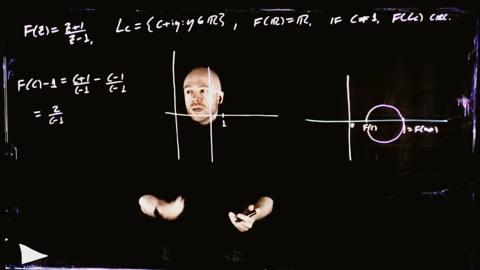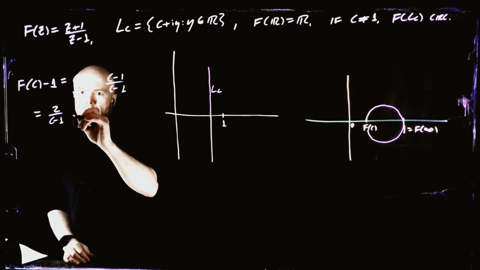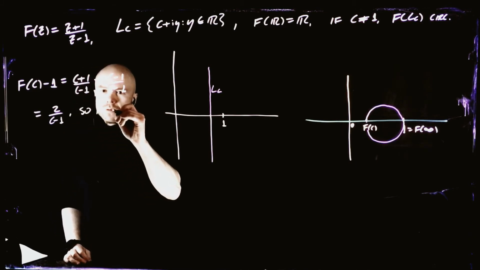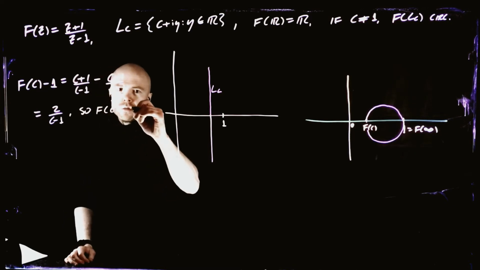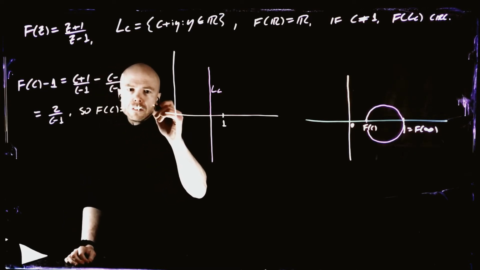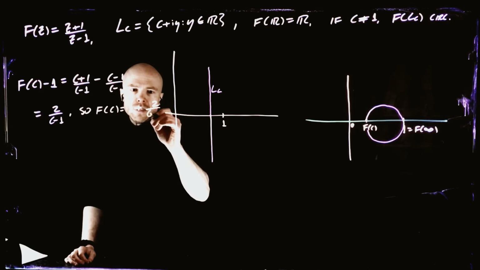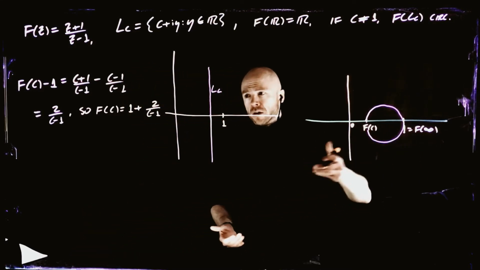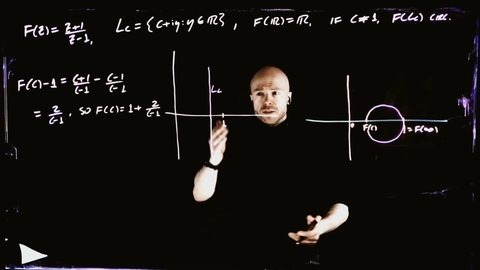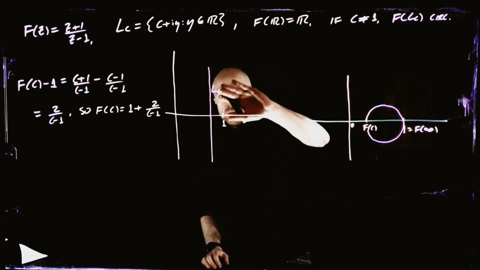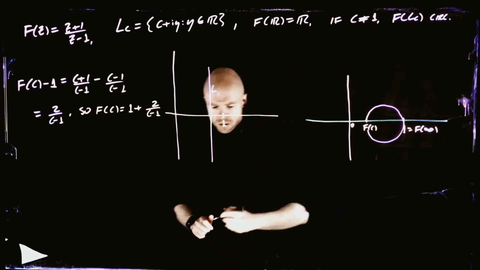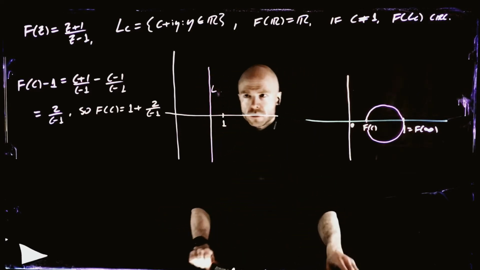And therefore we are on the left-hand side of 1, so f of C is equal to 1 plus 2 over C minus 1. So we are to the left of 1 if C is less than 1, which is as this picture shows, and we are to the right of 1 if C is bigger than 1.